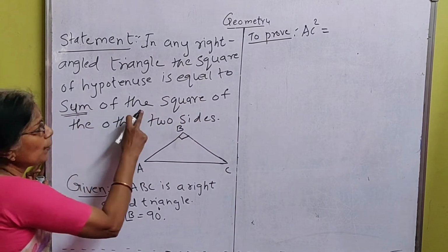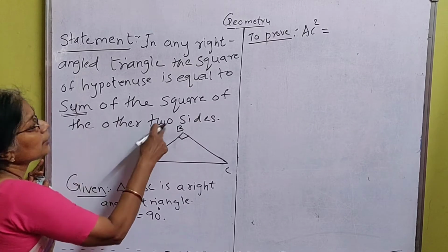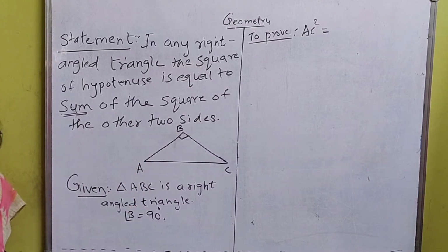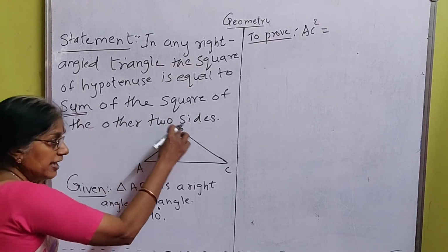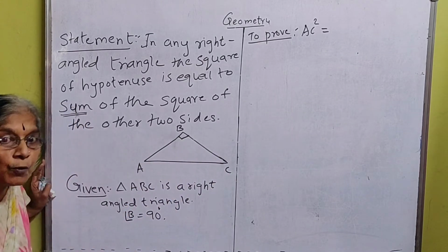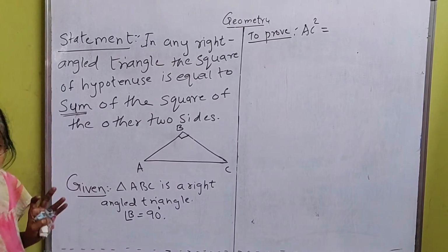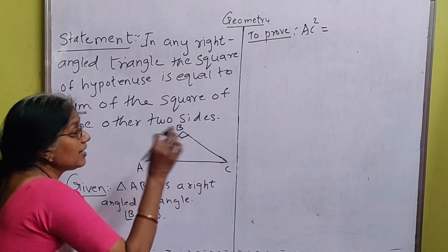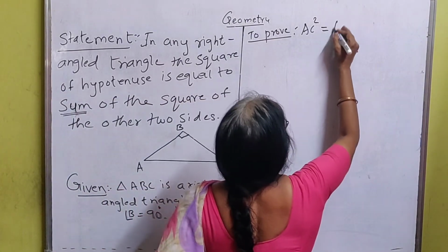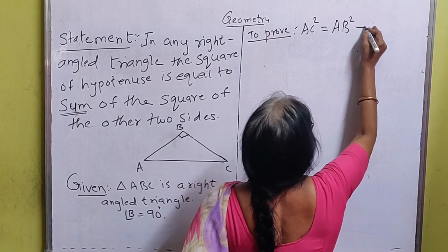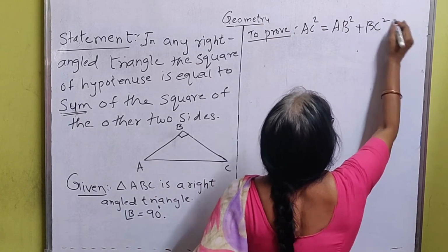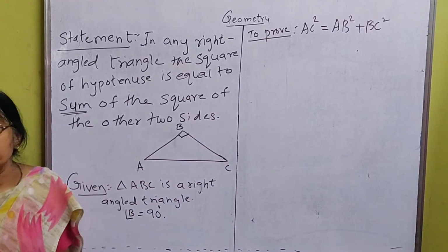Sum of the squares of the other two sides. Which are the other two sides? AB and BC. Its square means AB square and BC square. Its sum means AB square plus BC square. This is what we have to prove.